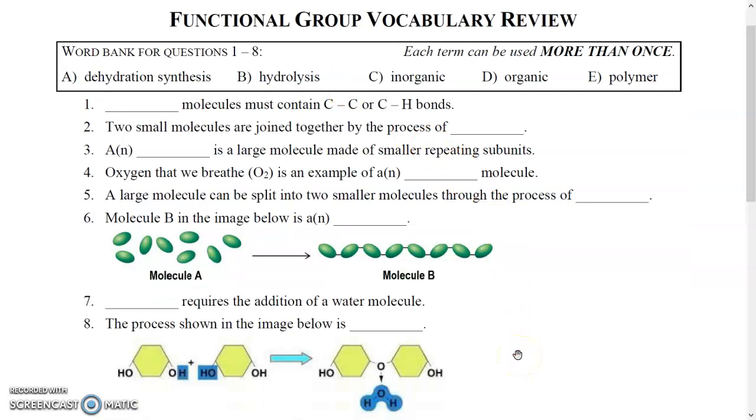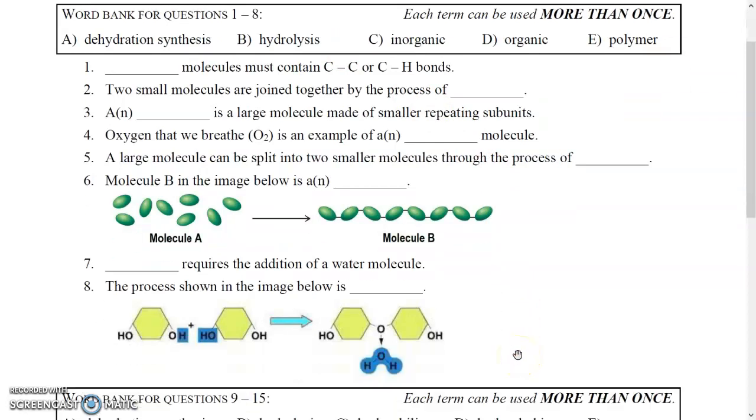And then in question number 8, the process shown in this image, what are we doing? We have H here, we have OH here. They're on two separate molecules, but they are being removed. This arrow means this is going away. So this is the removal of water, and it results in the bonding together of those two subunits.